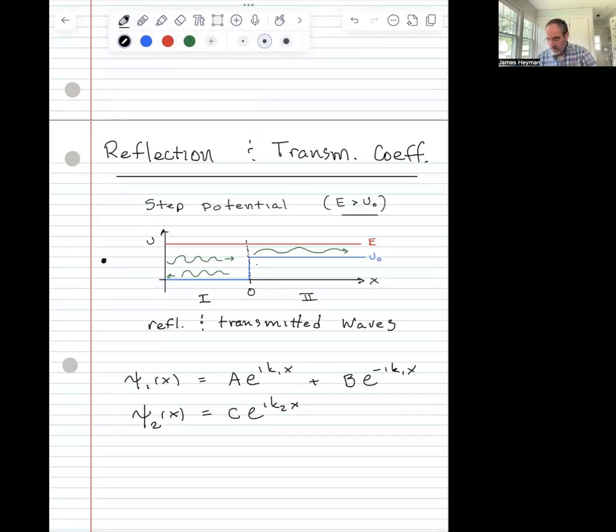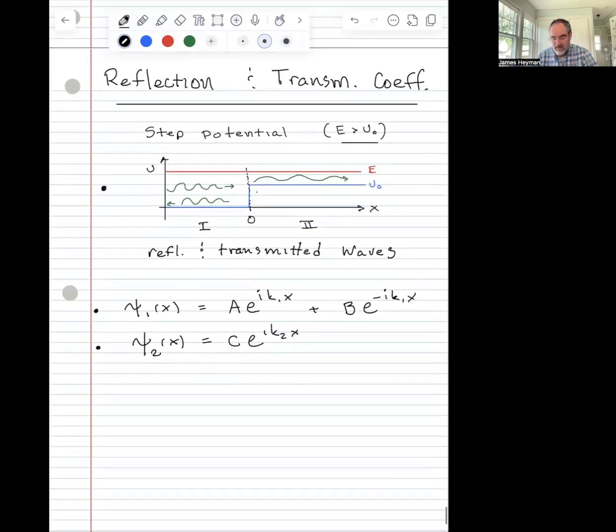Okay, particle incident from the left encounters our boundary. The energy of the particle is greater than the height of the barrier. And we know that we can describe the particle in region 1 with this wave function, psi1 equals A e to the i k1 x plus B e to the minus i k1 x. And in region 2, we can describe it this way.